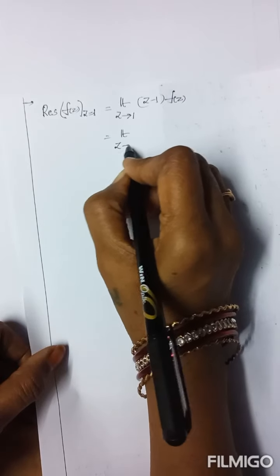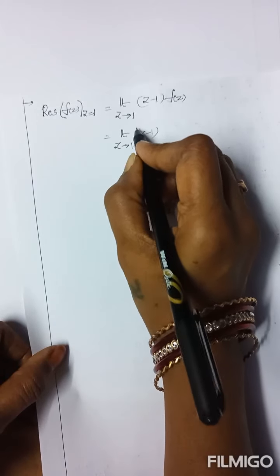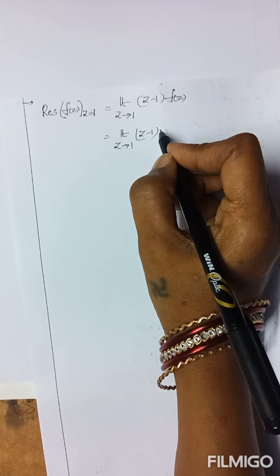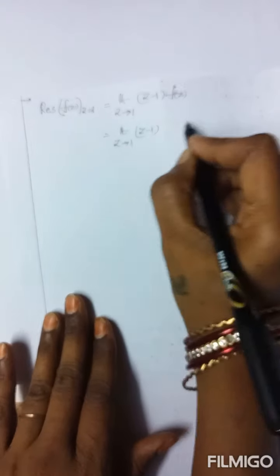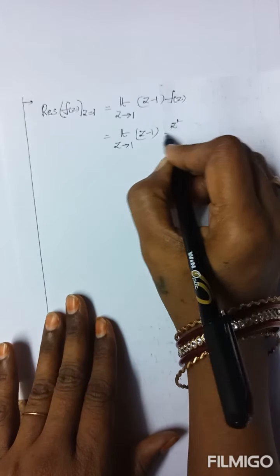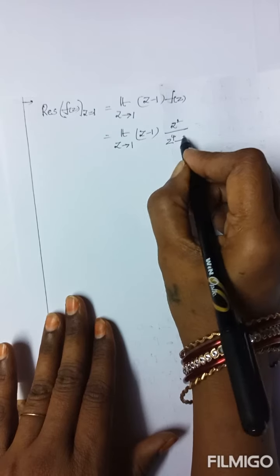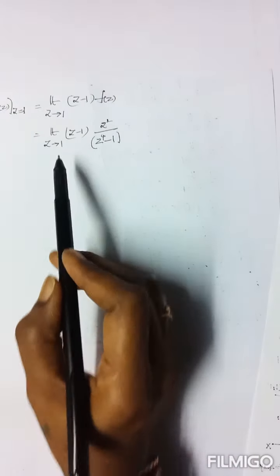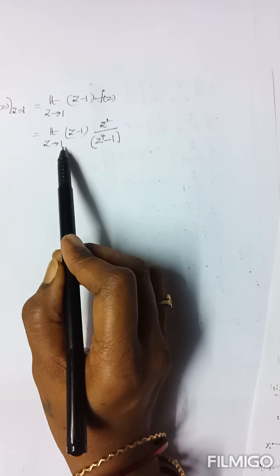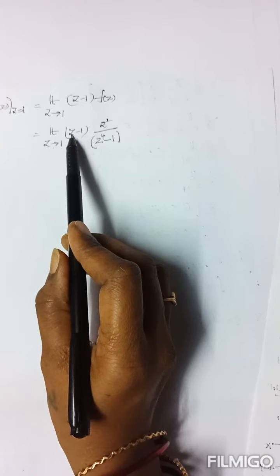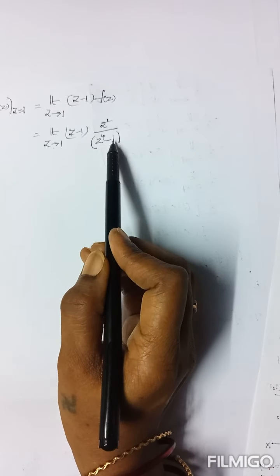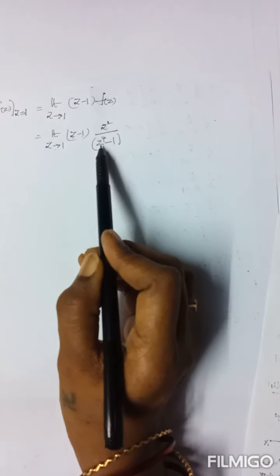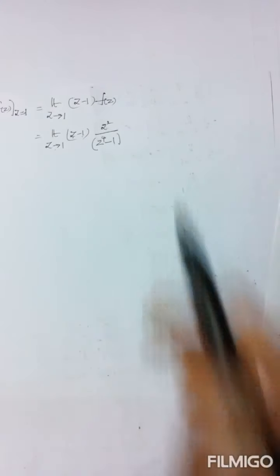What is the given function in the present question? z square by z power 4 minus 1. Now here the limit z tends to 1. If you put z equal to 1, then the numerator is 0 and the denominator is also 0.